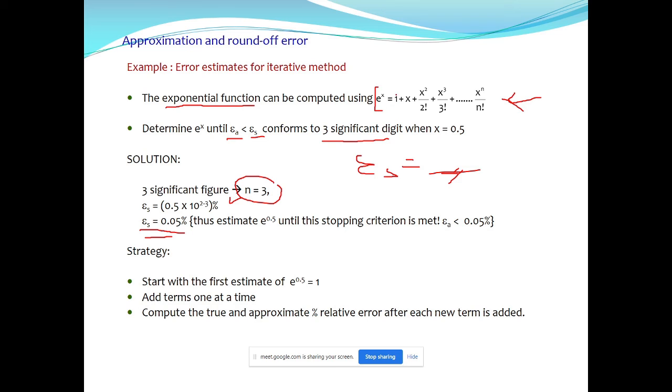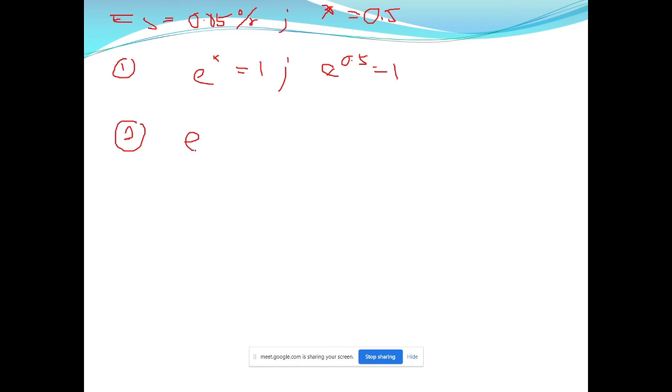Ini satu tadi ya, satu. Ini yang kedua. Okey, E^X, 1 campur 0.5. Macam tu. Okey. So kat sini kamu akan dapat 1.5.